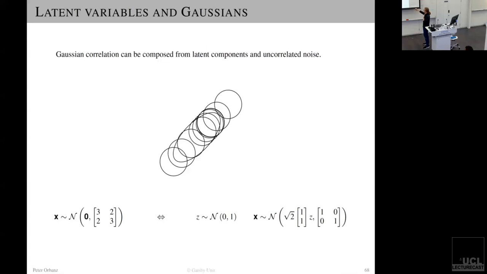That Gaussian has identity covariance matrix, and that's exactly the Gaussian represented by these circles. Each of these circles represents one instance of this Gaussian for one value of z. By taking z randomly, I'm randomly shifting the Gaussian along that diagonal.